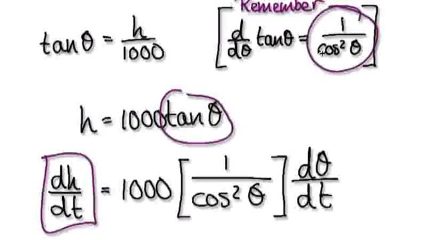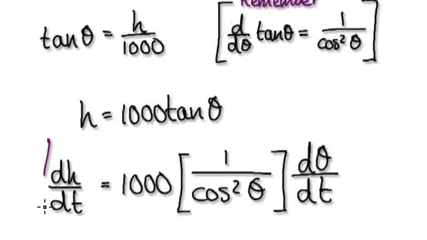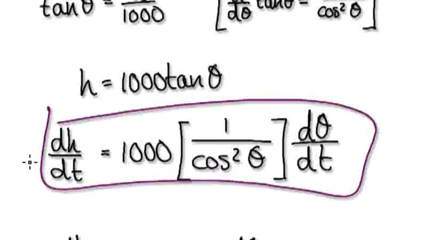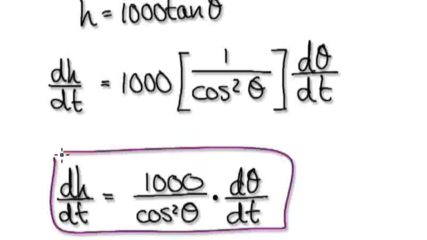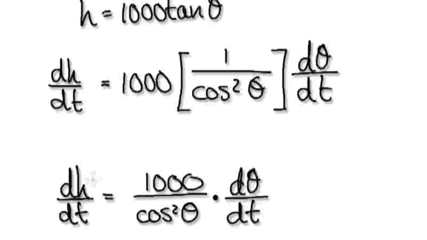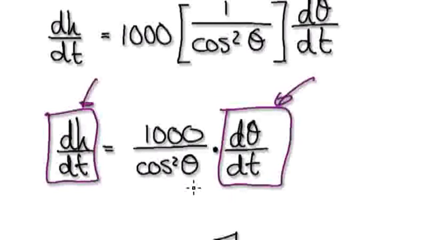Because theta is a function of time, you do need d theta by dt. Then tidy up. It will give you this, and this is what we want to know. This was given to us initially, the angular speed. So now all that we need is theta.